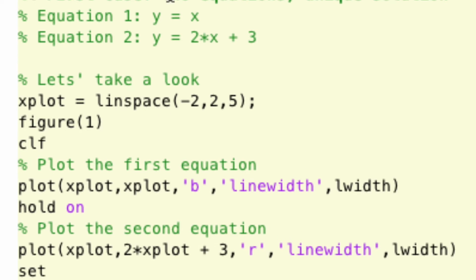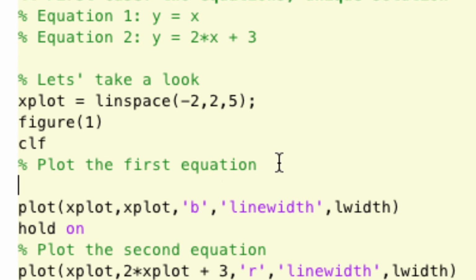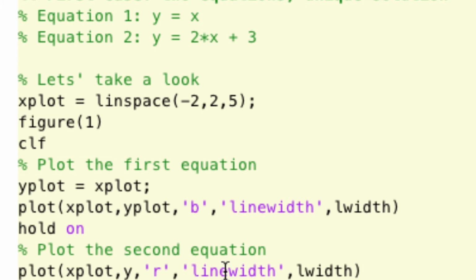Oh, it's because y equals x. So xplot is a discretization of this, and then we see in the equation what the y coordinate is. In this case, it is the same. So I could write it like this. Maybe this is more clear.